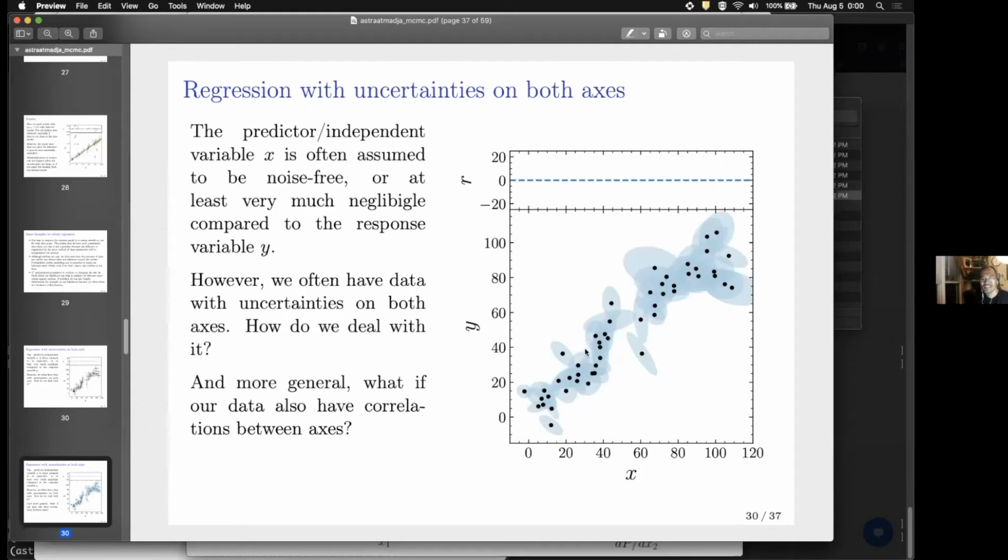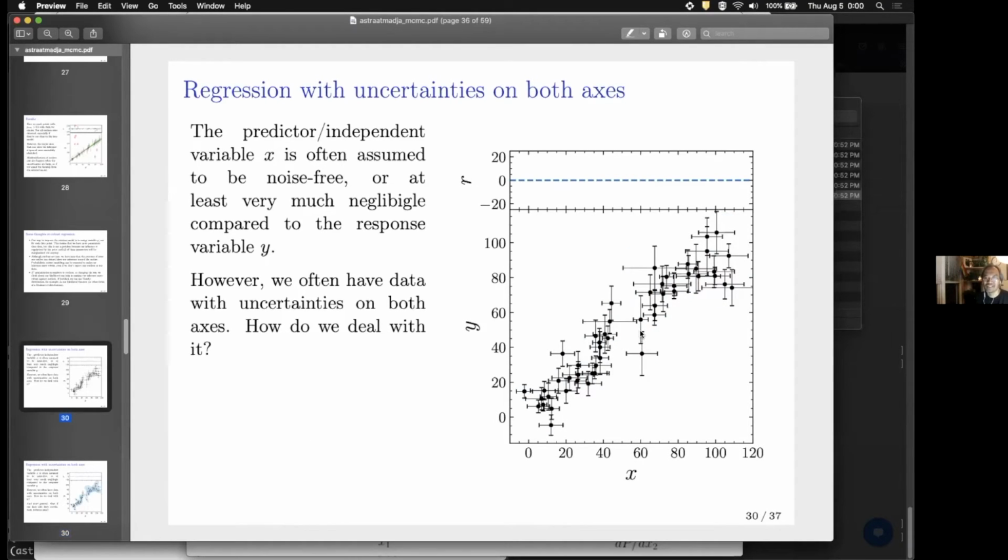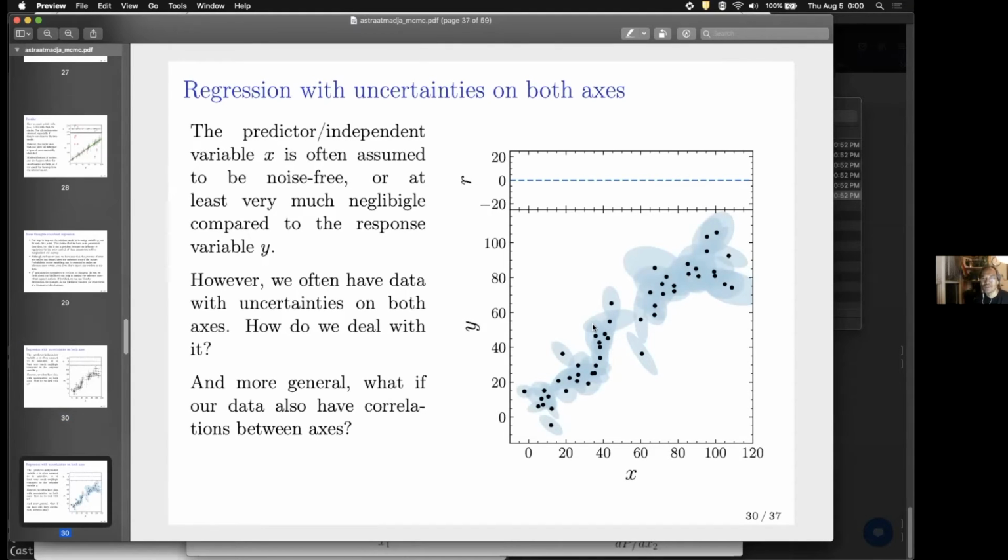Here the uncertainties are in the form of a covariance matrix. This is, for example, the 1 sigma area of where the data is lying. If it's here, there's no correlation, so the uncertainties in x and y are independent. But if the data is correlated, then we can draw the covariance matrix in x and y. So how do we deal with that?